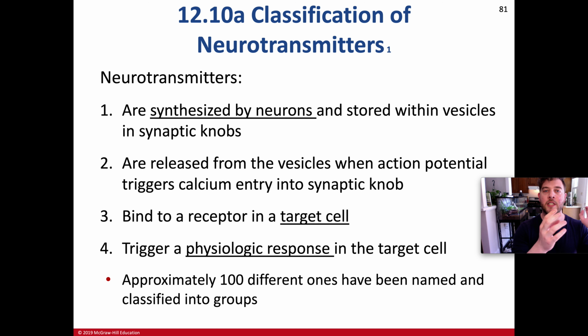So they're synthesized in the soma and then transported to the synaptic knob in vesicles. They're released from there when the action potential is received, bind to the target cell, and trigger a physiologic response in a target cell. It could be a gland, it could be a muscle, it could be whatever. There are approximately 100 different neurotransmitters that have been named and classified.